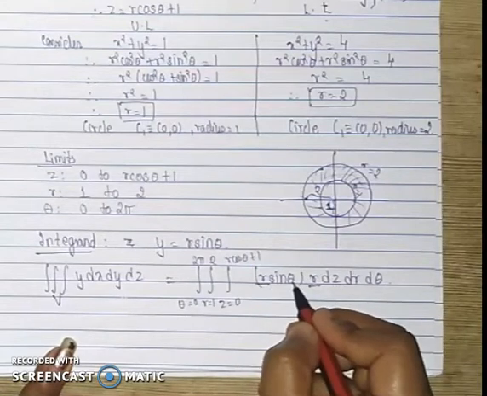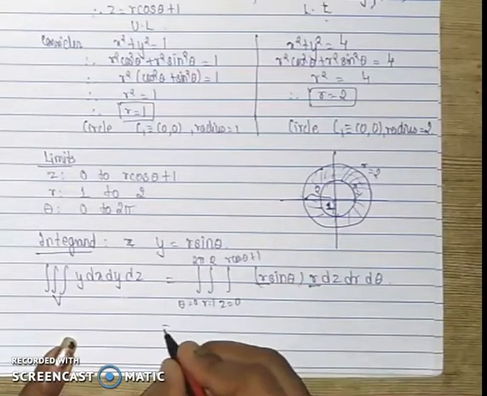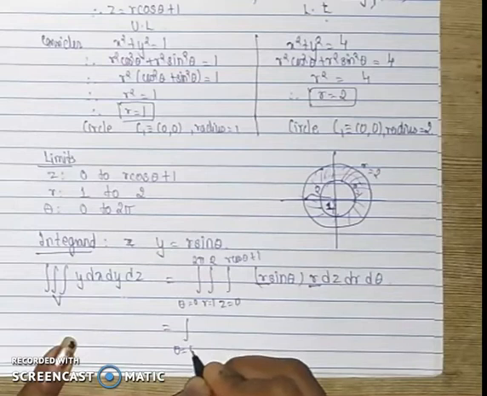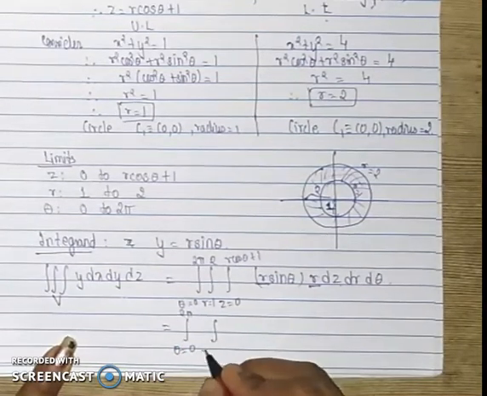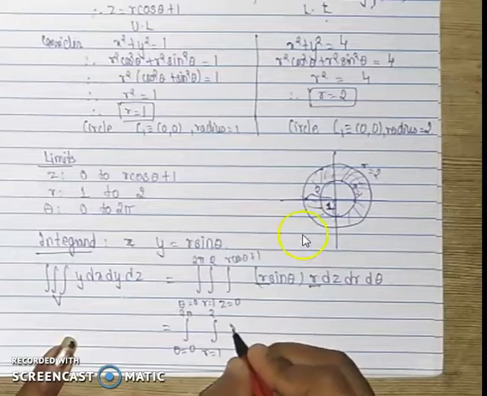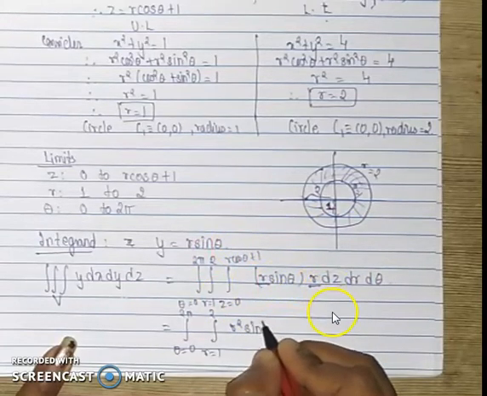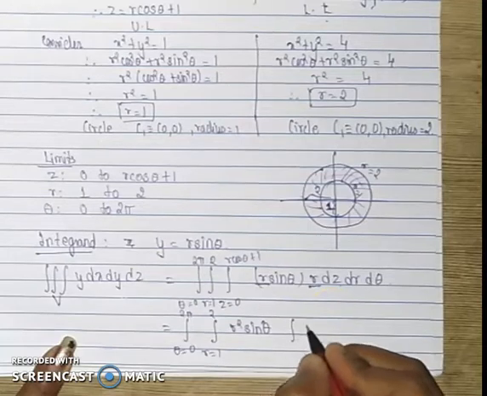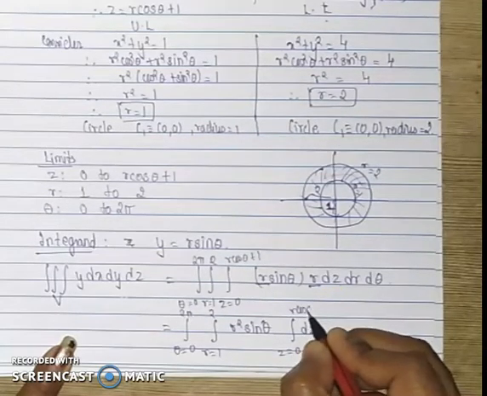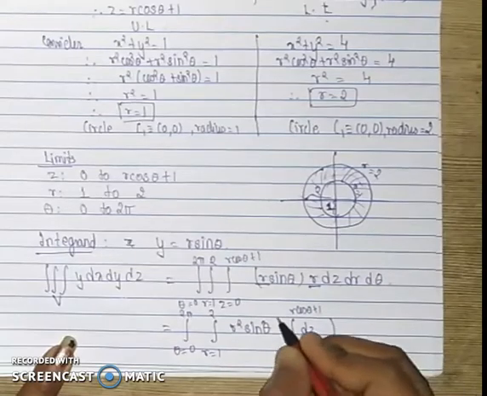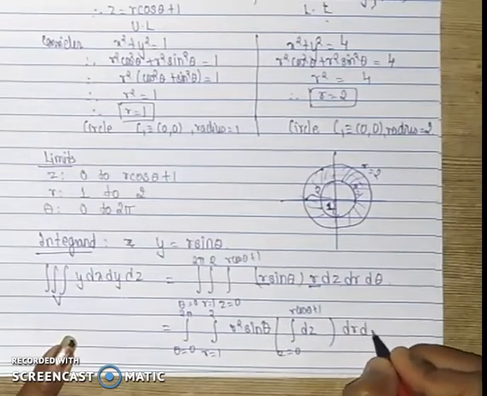Now first I need to integrate with respect to z. r squared and sin theta are all constant, so they will be outside the inner integral. So we are moving r squared sin theta outside the inner integral. So the limit of z is 0 to r cos theta plus 1, dr d theta.